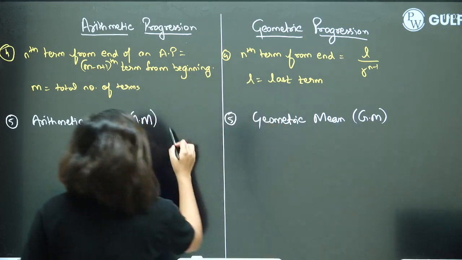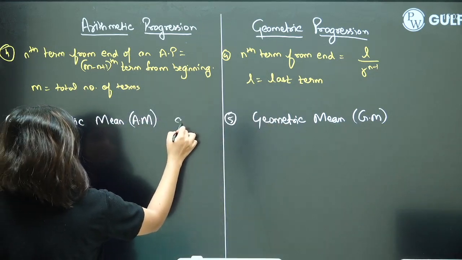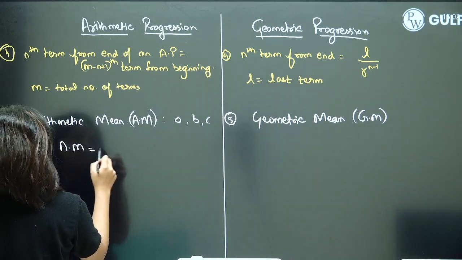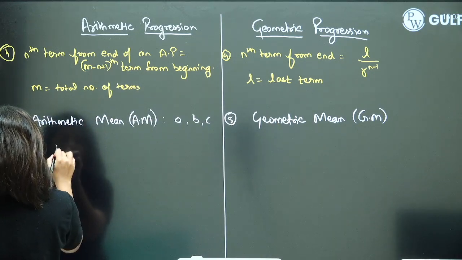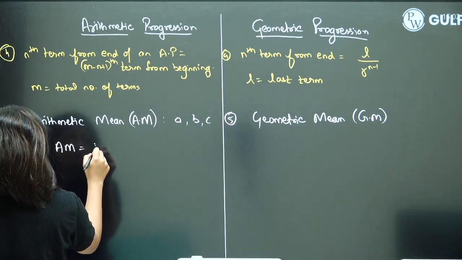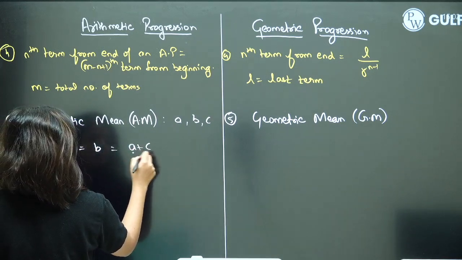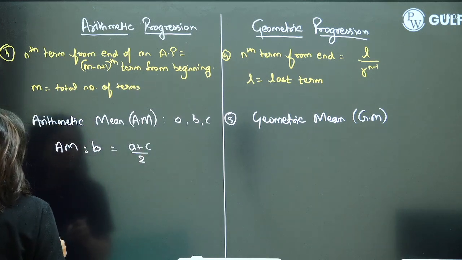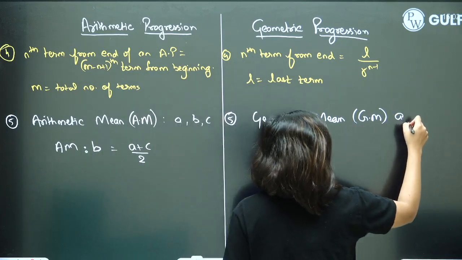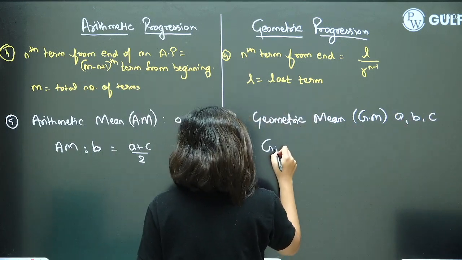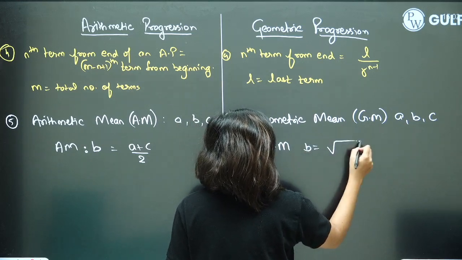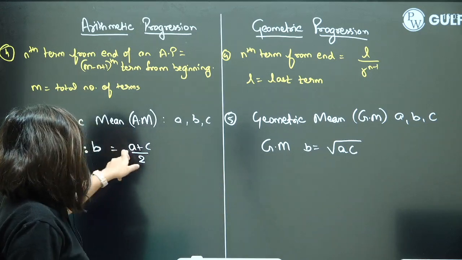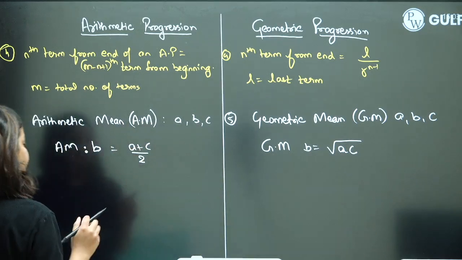If there are three numbers, let's say A, B and C, then their arithmetic mean AM is given by the formula: B equals A plus C upon 2. And if the three numbers are in GP, then the geometric mean, the middle term, is the square root of the product of the first and the last.